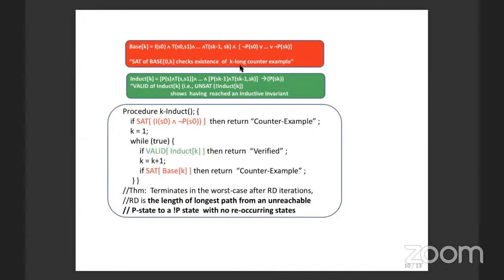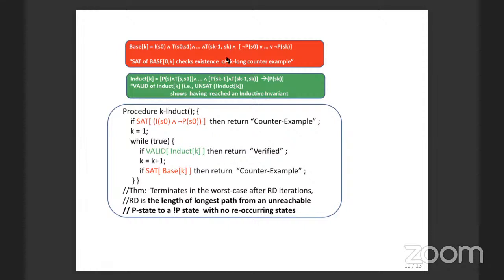So in any case, the algorithm has two components. While you're doing this longer and longer inductiveness check, you also need to check for counterexamples, because your system could be unsafe. So it does these two things simultaneously.